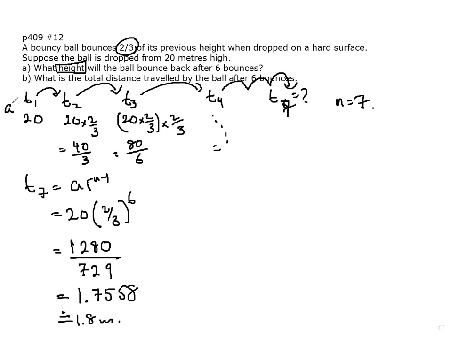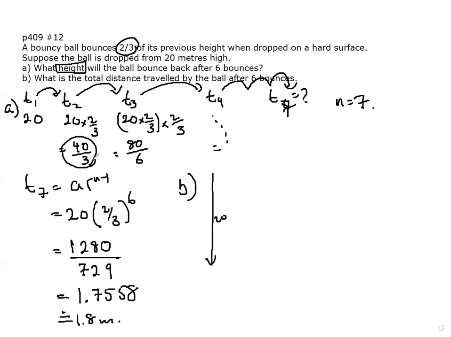Part B gets interesting because it's trying to get you to think past just the regular geometric series. What's the total distance traveled by the ball after 6 bounces? To give you a visual, you can't just actually plug it into the formula like this. Let me tell you why. If we're talking about the total distance traveled, the first distance is 20.